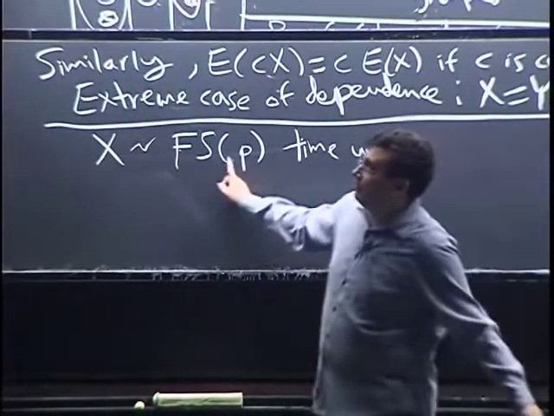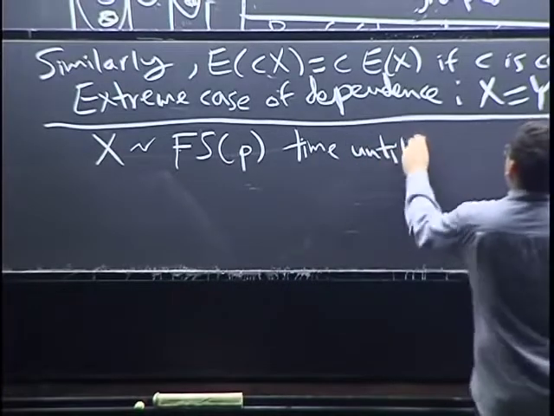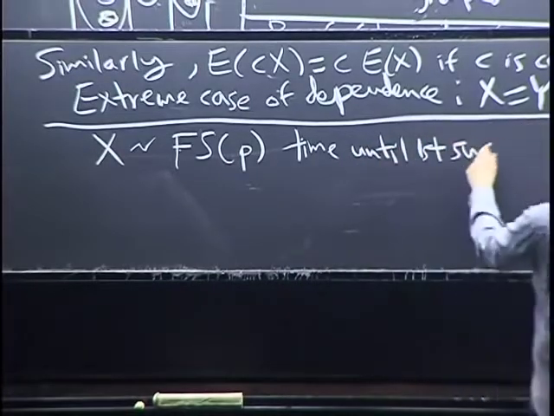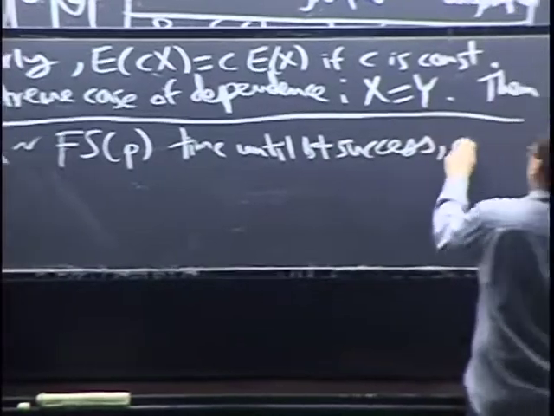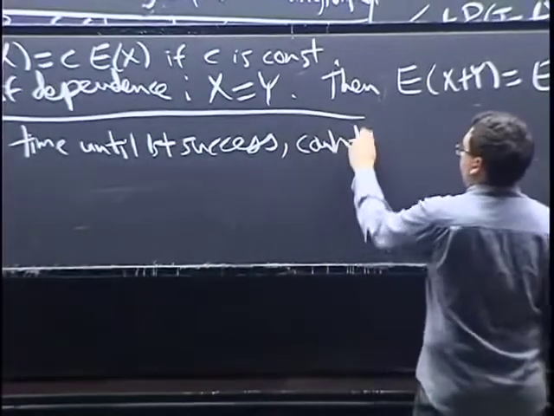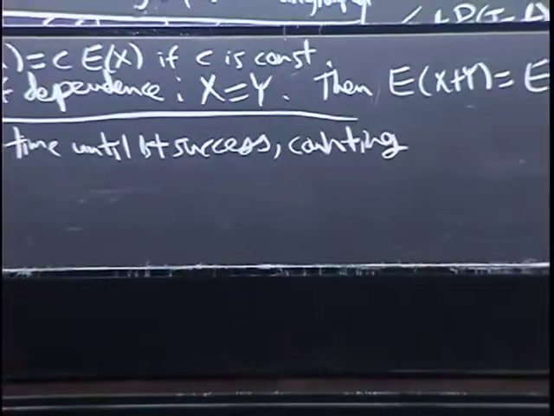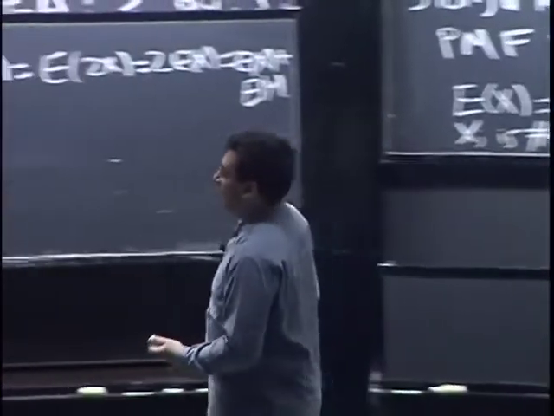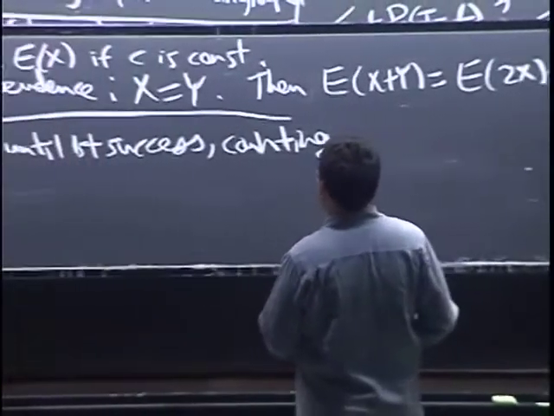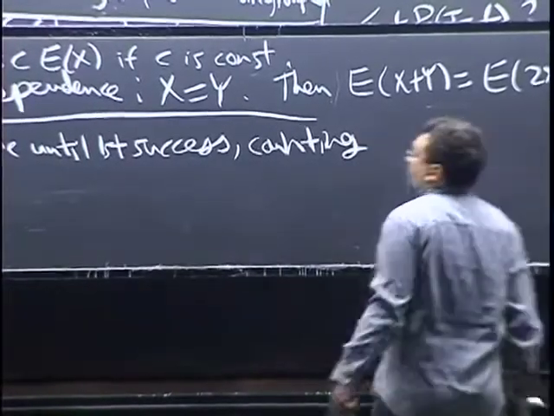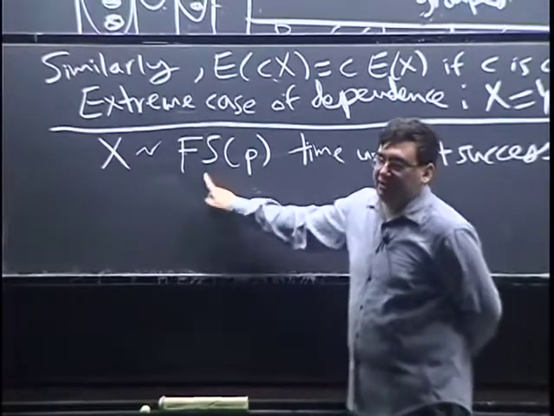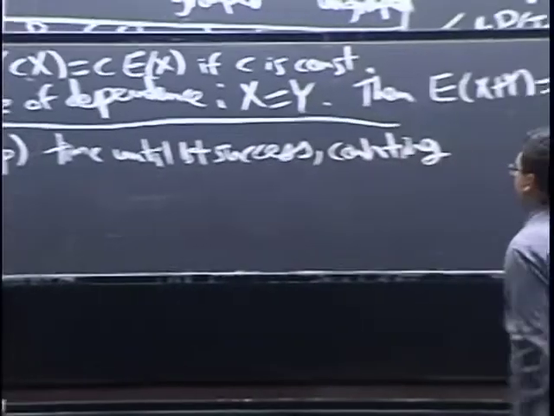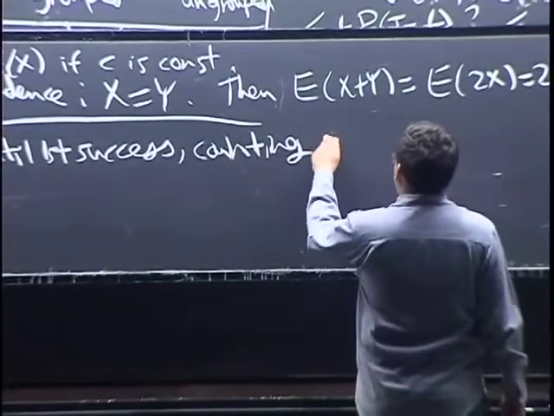Again, we have these Bernoulli trials, and this one is counting the success. I've noticed that sometimes students get confused about how to convert back and forth, and it should be very easy. Once you've thought about it a little bit, hopefully it'll be easy. So if we just write geometric, we're not counting the success. If we write FS of p, then we're counting the success.